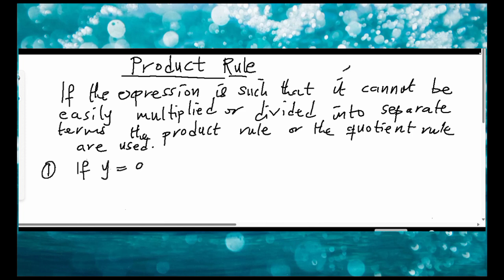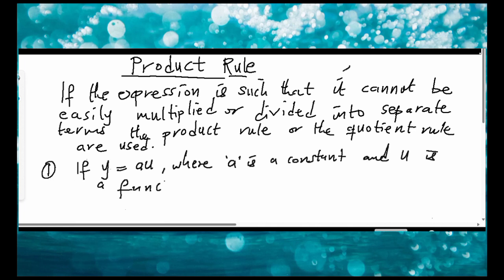is equal to AU, where A is a constant, right? A is a constant, and U is a function. It's a function of x.